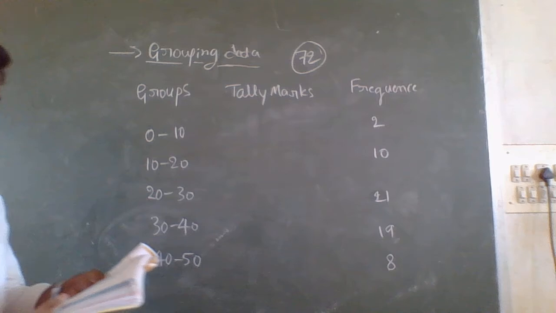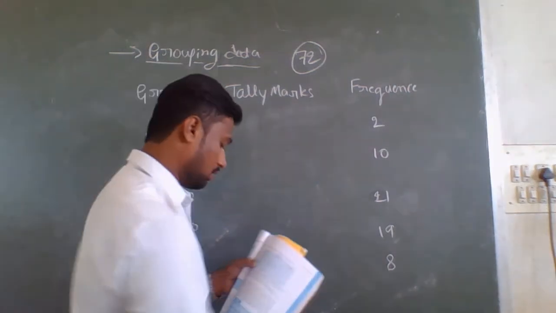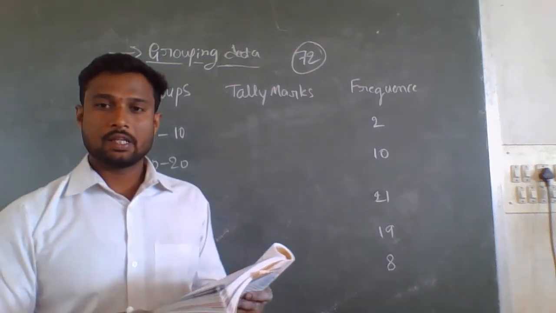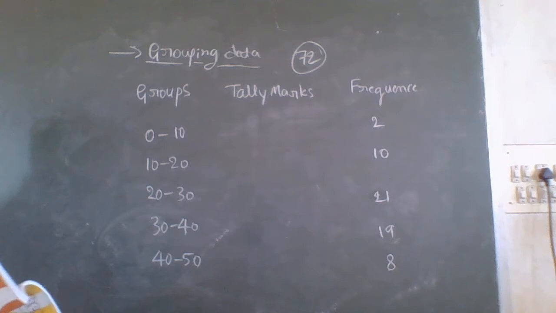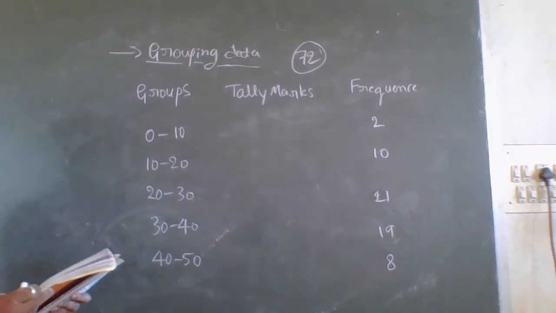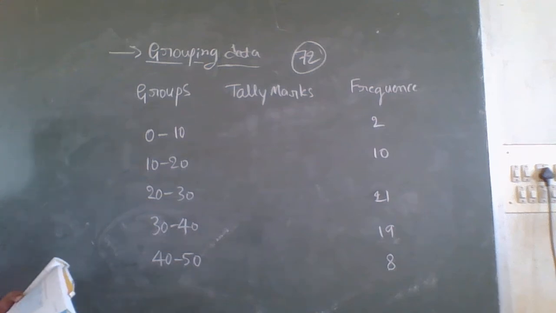But in the table, they have given 40 to 50 as 7 students, and again they have given 50 to 60. But the exam was taken for only 50 marks, so there is no need to make another group from 50 to 60. 40 to 50 is sufficient.